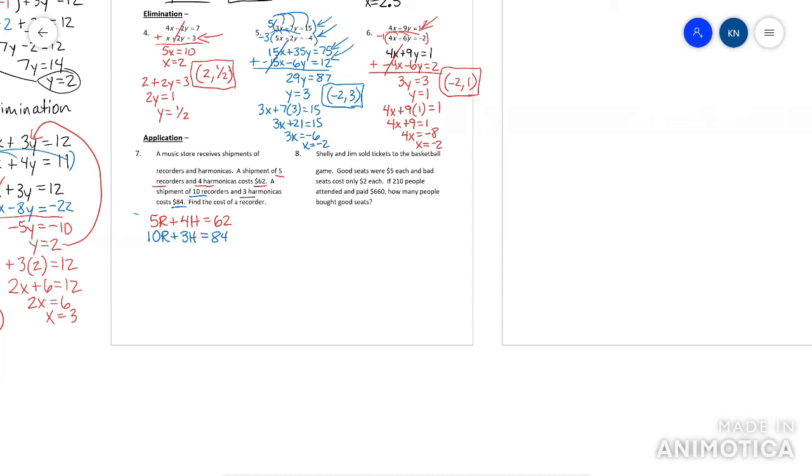So I have to scale this top equation by negative 2. You're going to distribute that to all of these things. So it's going to turn into minus 10r minus 8h equals negative 124. My bottom equation, the blue one, did not change.